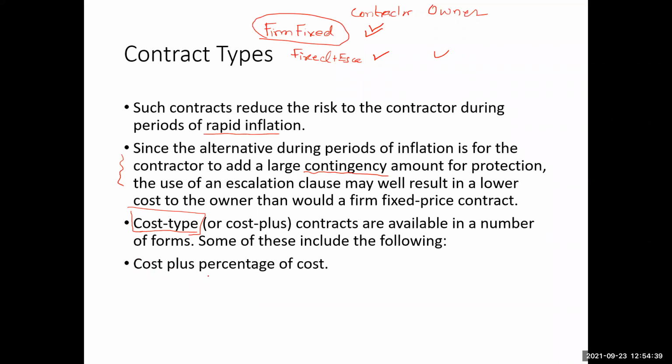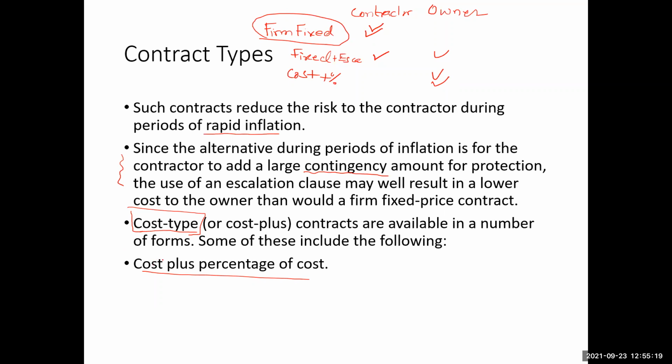First, the cost plus percentage of the cost contract. In this case, the owner agrees to pay the contractor for the cost, and then some percentage of that cost. So in this case, the owner takes all the risk. That means there is no incentive for the contractor to reduce the cost.